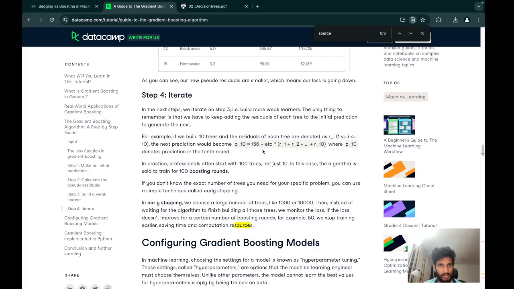The only thing to remember is that we have to keep adding the residuals of each tree to the initial predictions to generate the next.